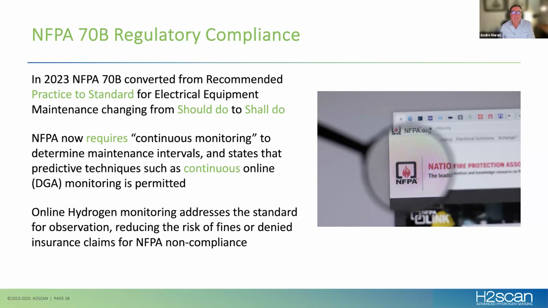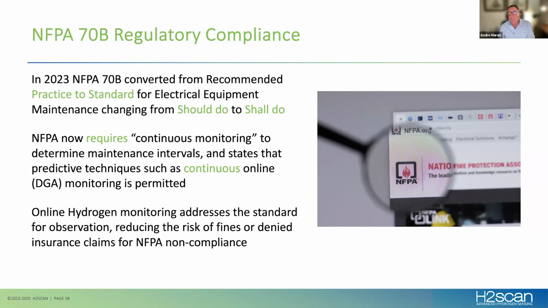And not only does it solve the problem of doing that, it also solves the problem of performing the continuous monitoring, whether it be manual, whether it be inspection. So it addresses the standard for observation. It will reduce the risk of fines or denied insurance claims if you're not compliant.